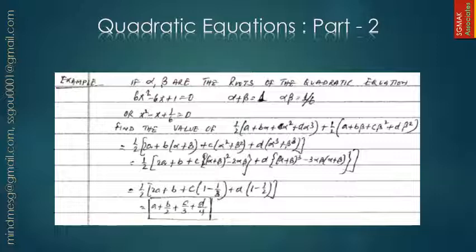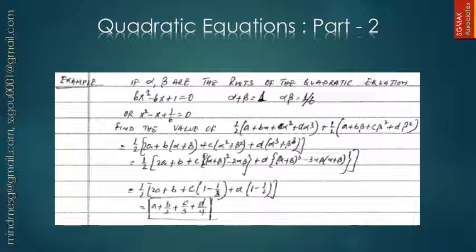If alpha and beta are the roots of the quadratic equation x squared minus 6x plus 1 equals 0, the sum alpha plus beta and the product alpha beta are determined for the same equation. Then you're asked to find the value of an expression that involves a, b, alpha squared, alpha cubed, and beta squared, beta cubed.